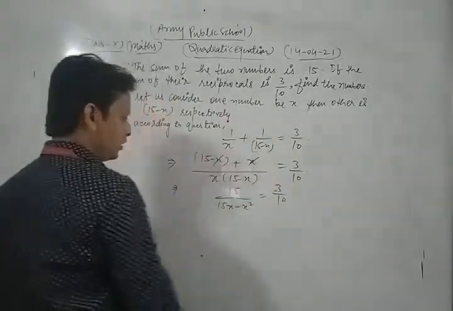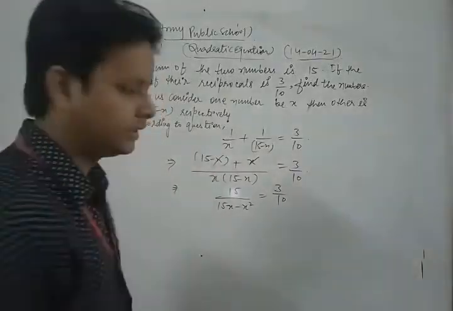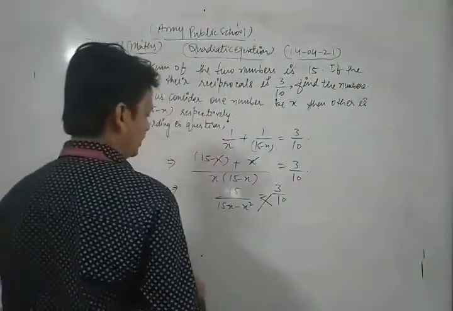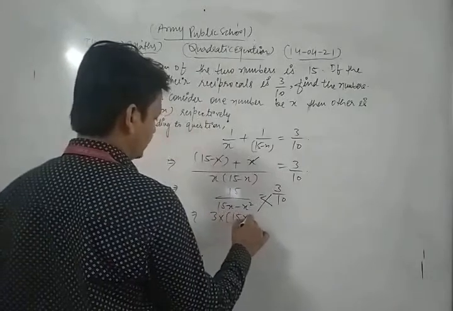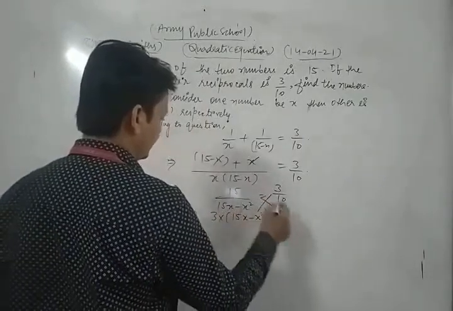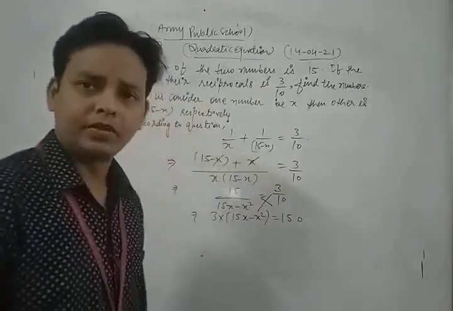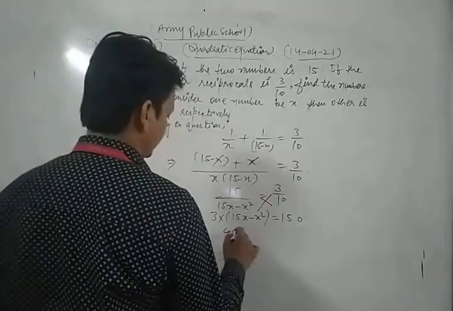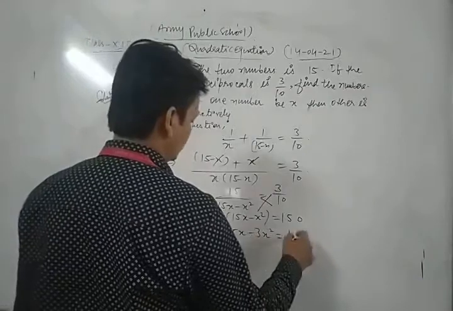Okay dear students, now we do the cross multiplication. So we get 3 into 15x minus x square is equal to 15 times 10, that is 150. Now we multiply, so we get 45x minus 3x square is equal to 150.